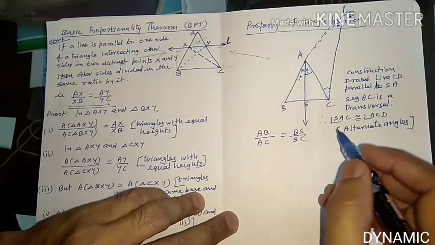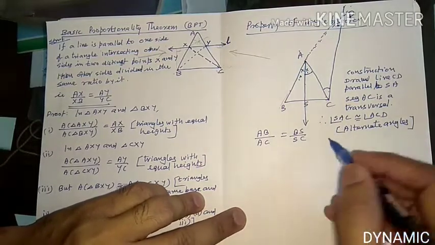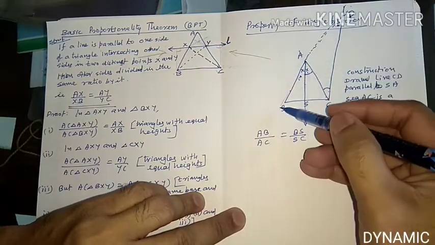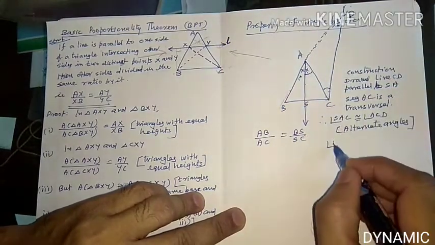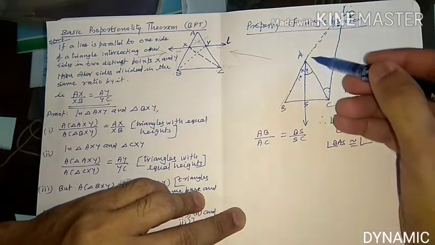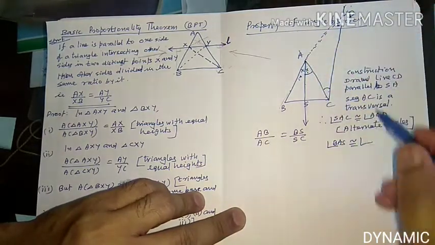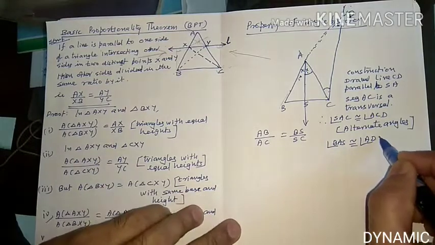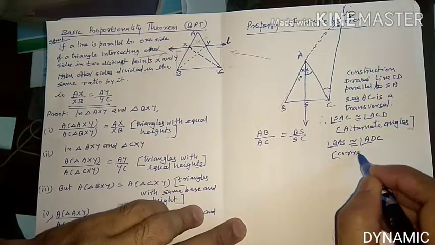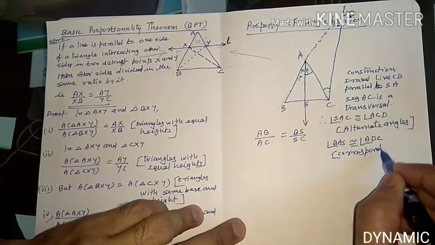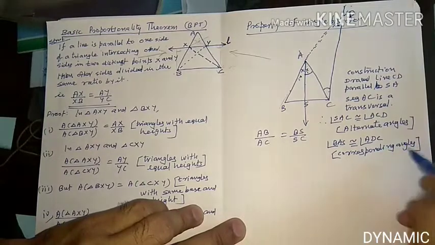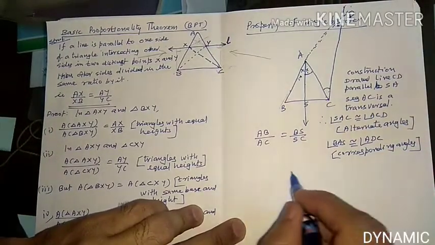Second one, what is it? Angle BAS is congruent to angle ADC. What is the reason? Corresponding angles. Corresponding angles are congruent.